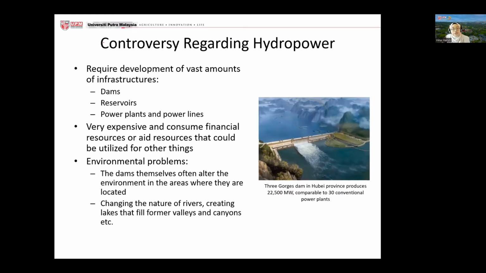Why? Because usually it requires a very wide area. That is one thing. It's very expensive, and one of the biggest reasons is the environmental problem, because to create the dam, you would need to restrict the movement of water, because you want the water to be collected in one place.